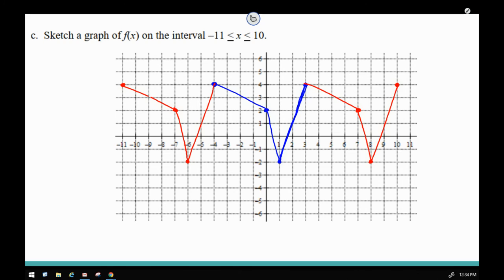Or 15 minus 7? 8. F of 8, right? So I can look at my graph right here, find f of 8 is -2. And I know that in 7 values, it's going to be the same, right? So I know that f of 15 is also going to be -2.